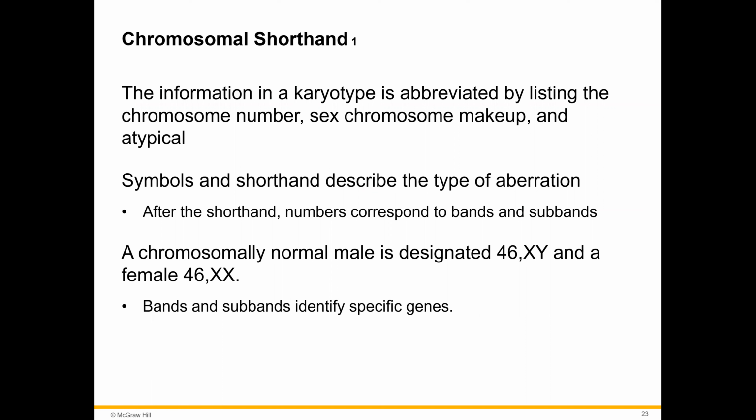After the shorthand come numbers corresponding to bands and subbands, like in the translocation, where exactly it happened. A chromosomally normal male is designated 46XY and female 46XX. Bands and subbands identify specific genes, so where exactly genes are located.